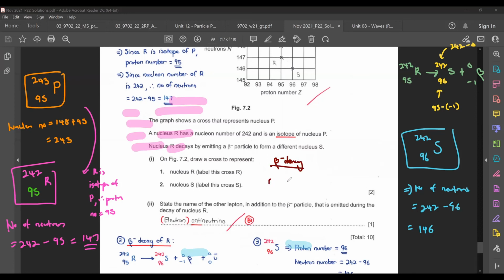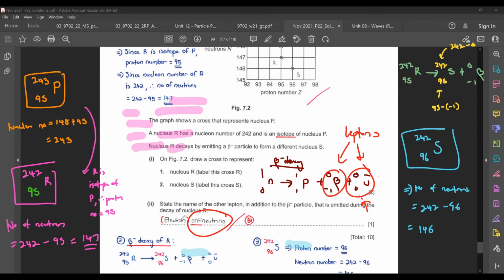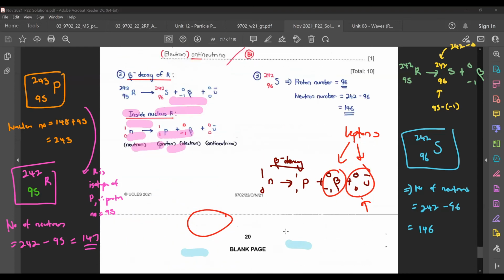This one is neutron decay to proton plus beta minus particle plus electron antineutrino. So what is the other lepton? There are actually two leptons here. These are your two leptons. So this other lepton is what you want. This one is your electron antineutrino. Okay, so just like that. Okay, so with this, we're done with one paper.